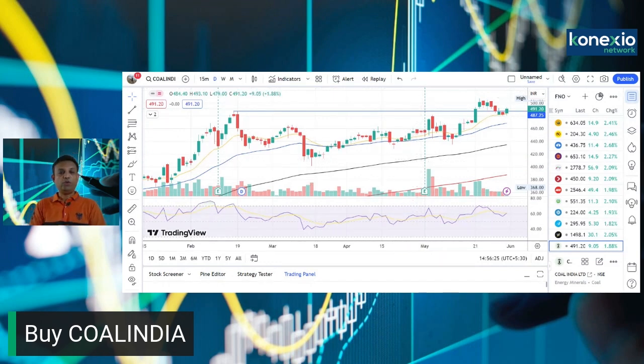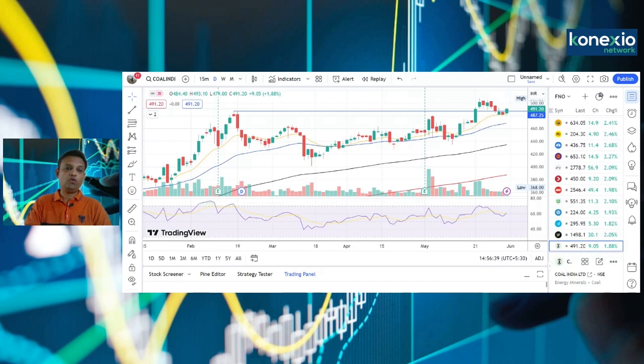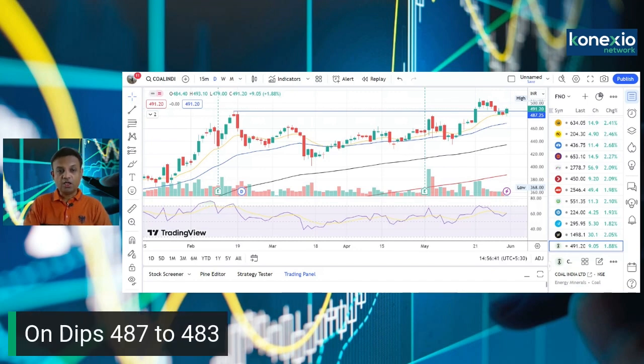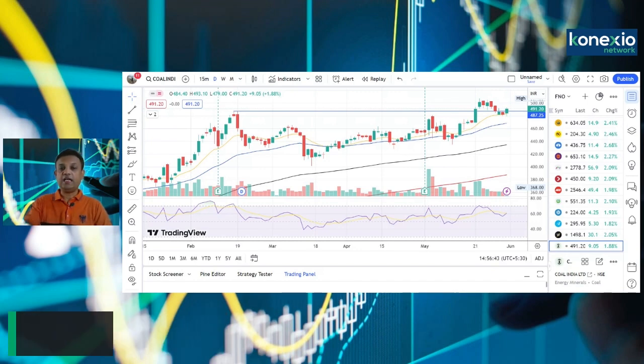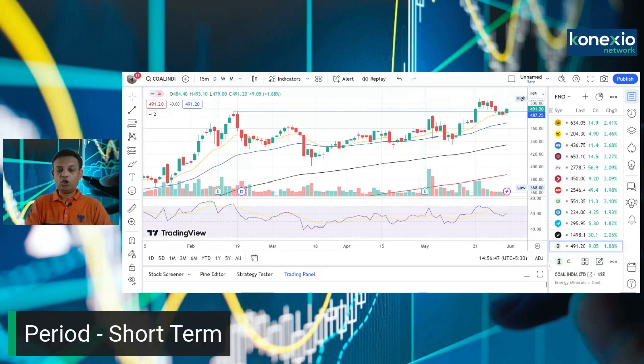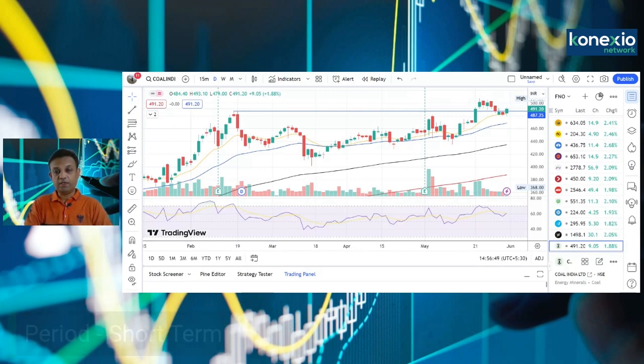So, swing traders, short-term investors, positional traders, and long-term investors can buy or accumulate the stock in the range of 491 or 488, and on dips to 443, for an upside target of 540 in the short to medium term. Short to medium term means an investment horizon of the next 2 to 3 months.